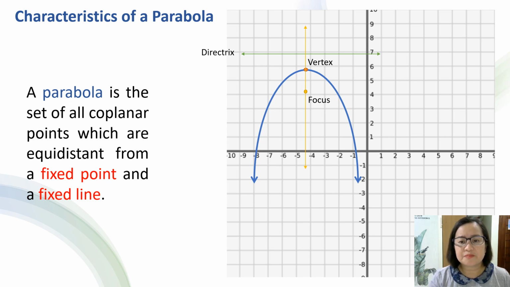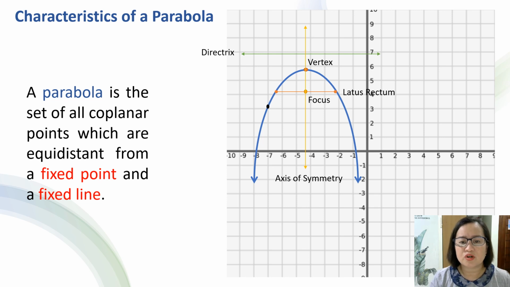The line that passes through the focus and the vertex is called the axis of symmetry. The axis of symmetry divides the parabola into two equal parts. The segment that is parallel to the directrix and that passes through the focus is called the latus rectum.